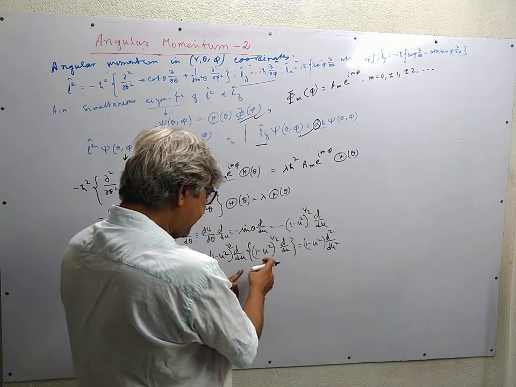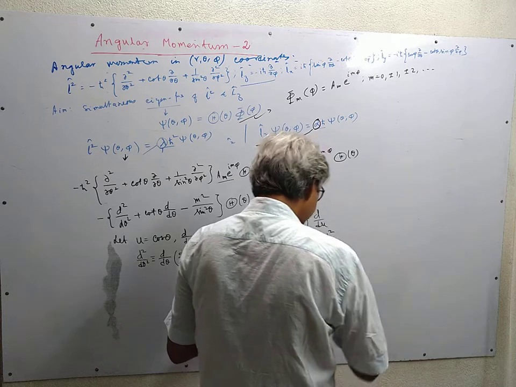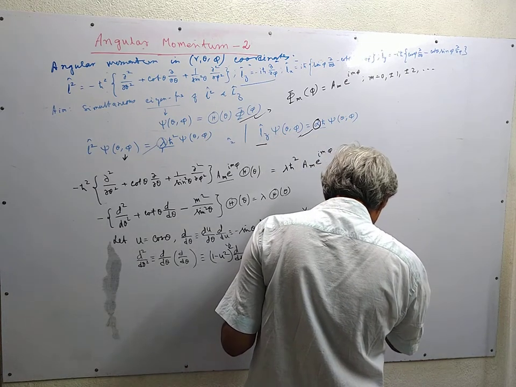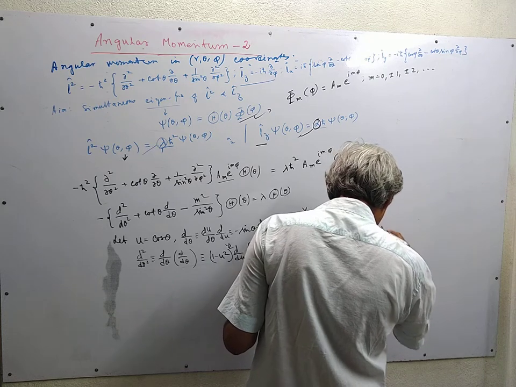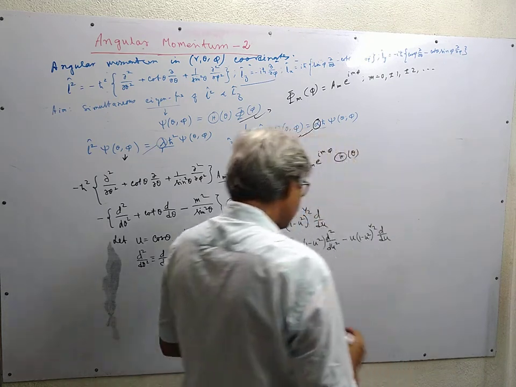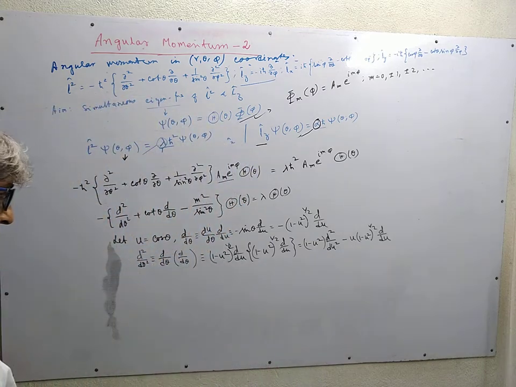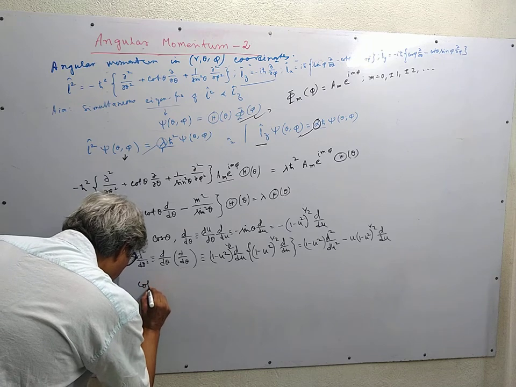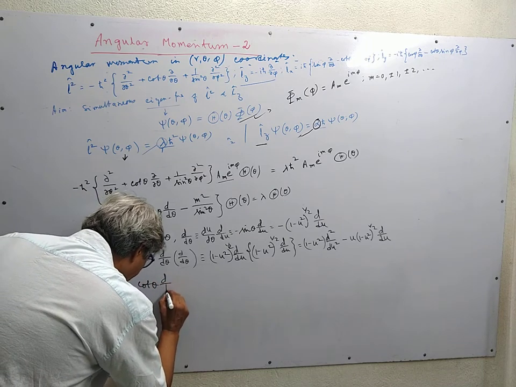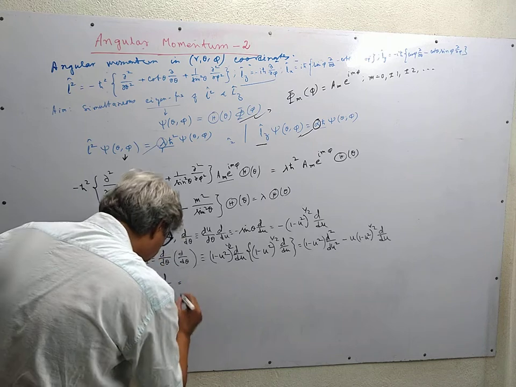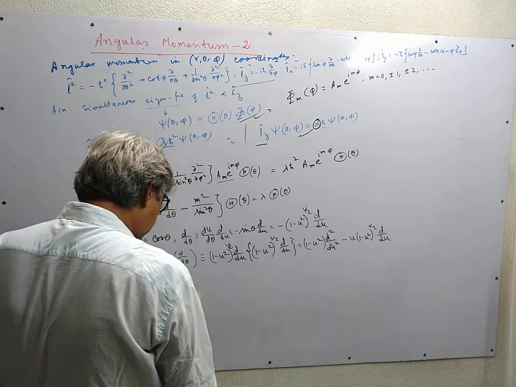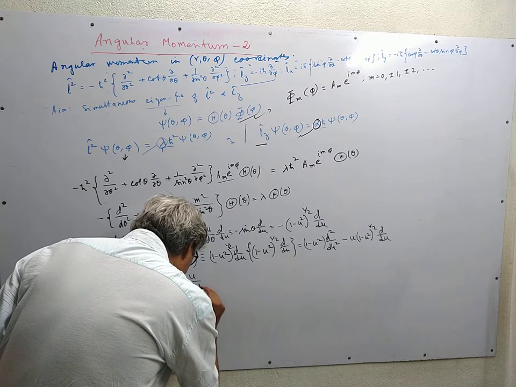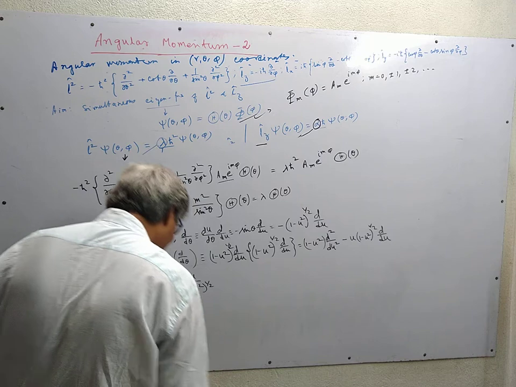And when this operates on this, this is the second term. And there is another thing, cot theta d by d theta. For cot theta, I write cos theta by sin theta, so it is u upon 1 minus u square to the power of half.